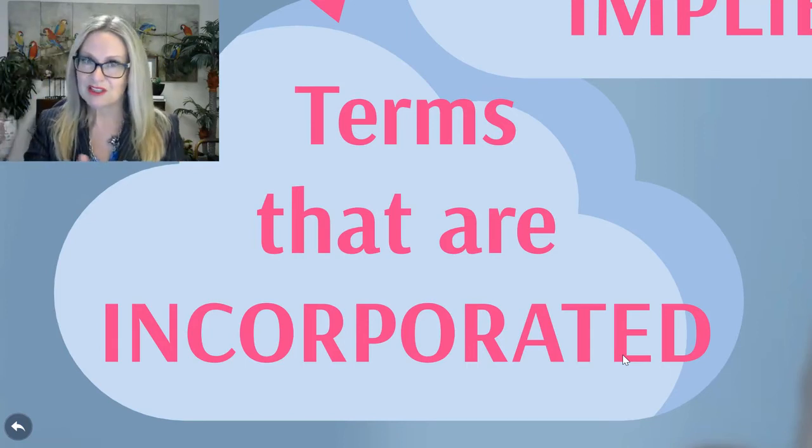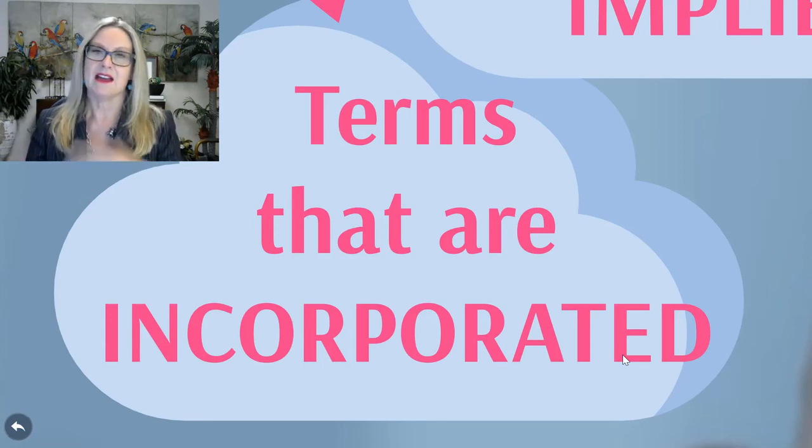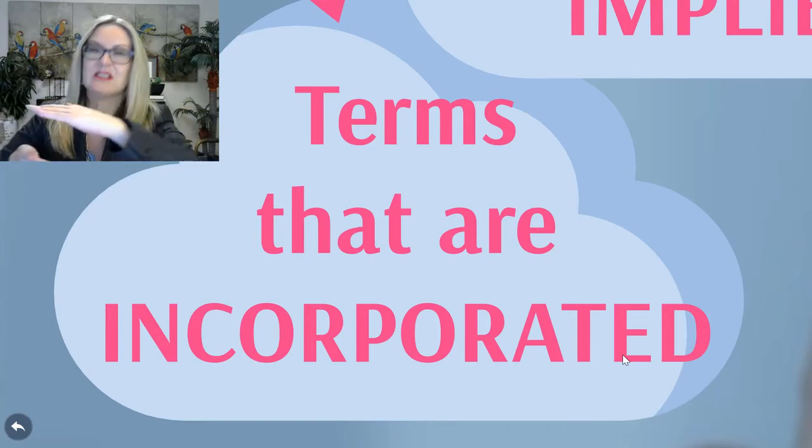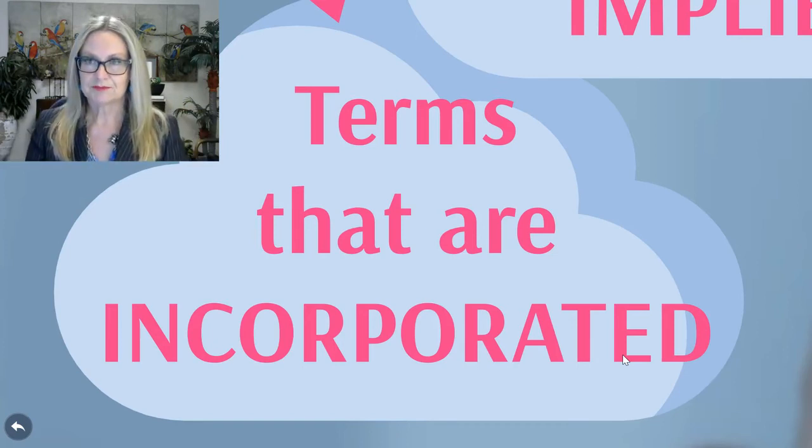You might have terms that get swept in because they are printed on a little document you receive, like a receipt or a ticket or a voucher. These are the typical kinds of ways that terms can get incorporated as augmenting a main contract.